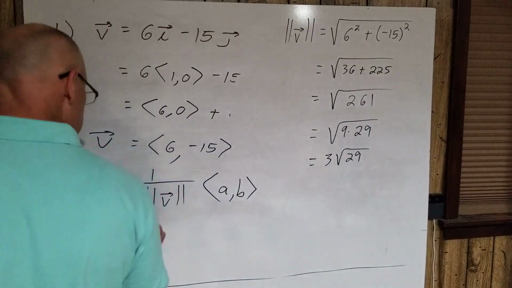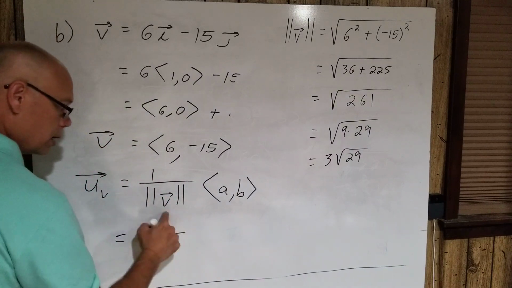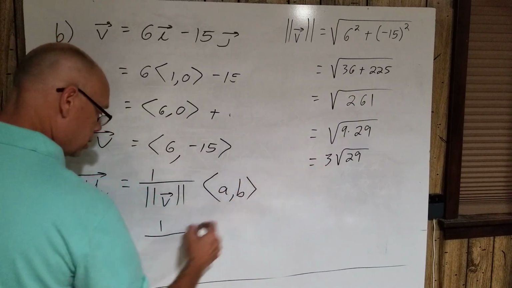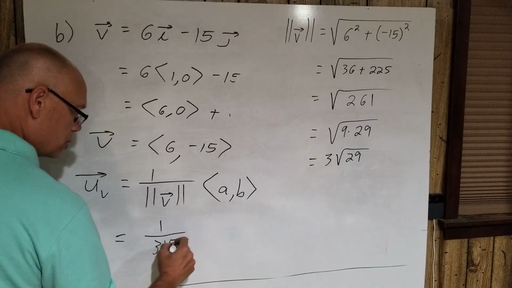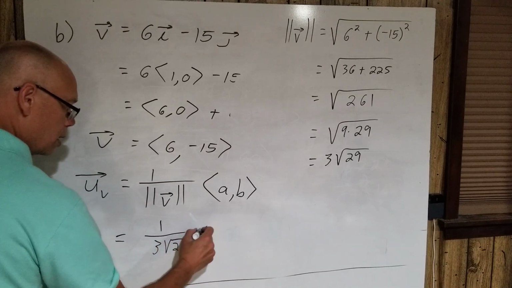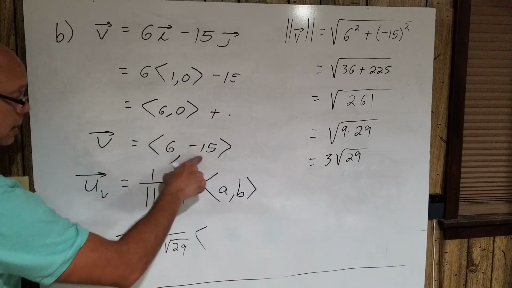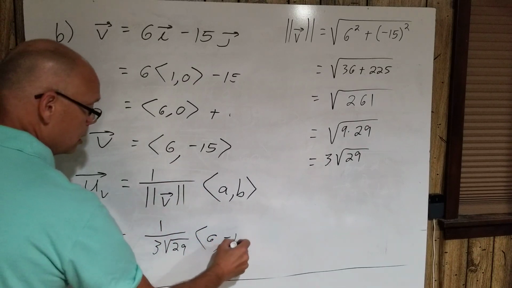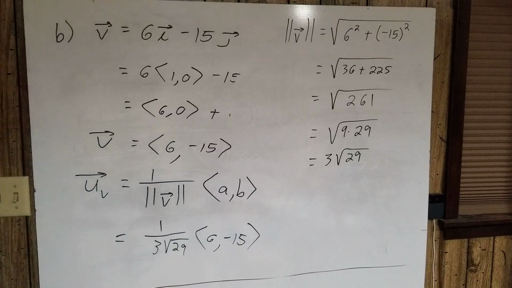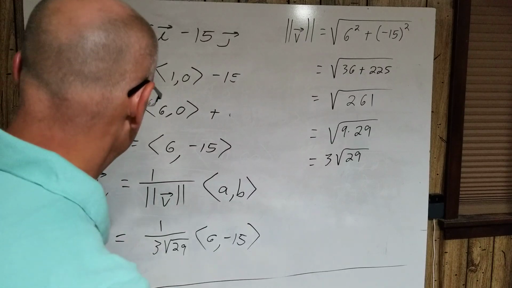So whenever I come back to this formula, instead of this symbol I could write 1 over 3 square roots of 29 times the component form of my original vector, which was 6, negative 15. All right, let's keep going here.